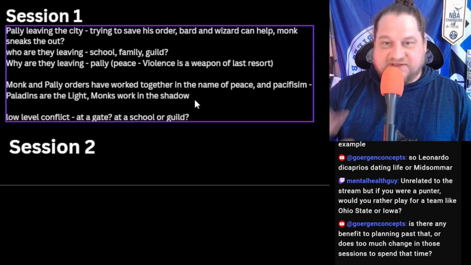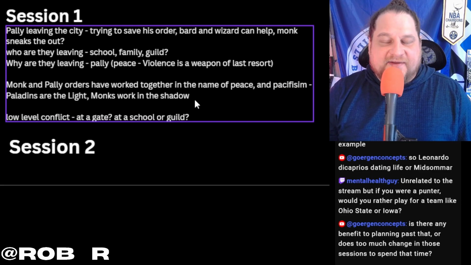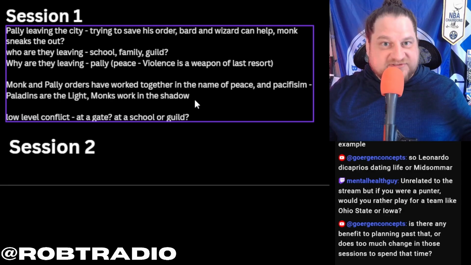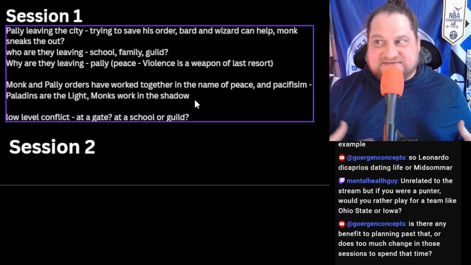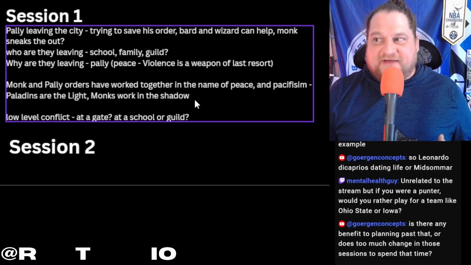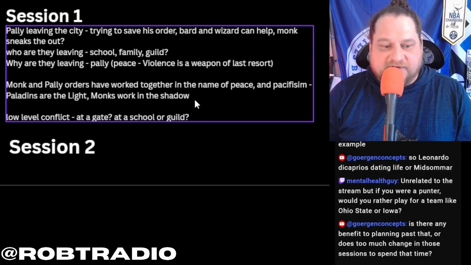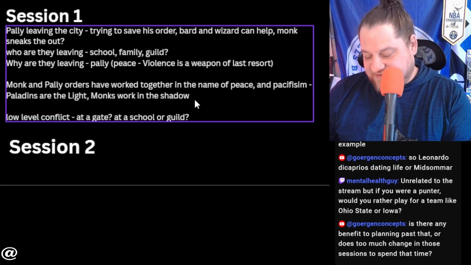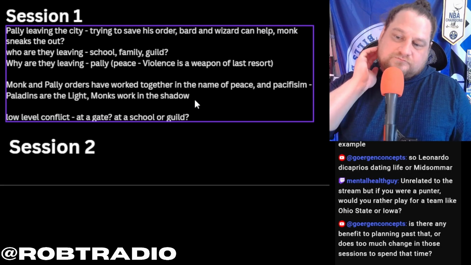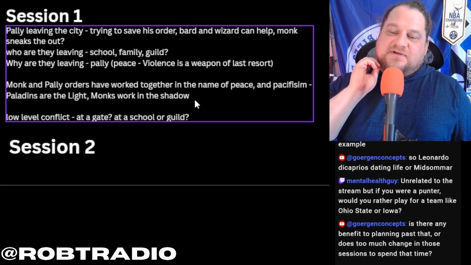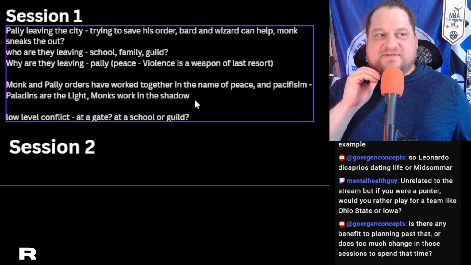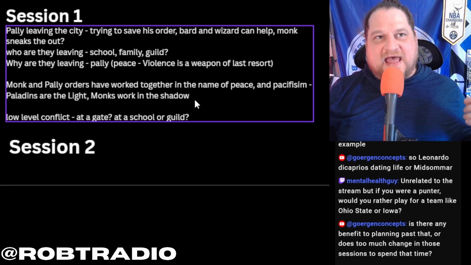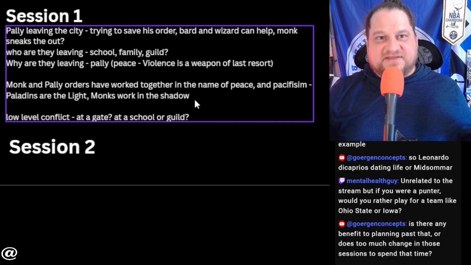Both orders helping each other to get out of the city. And this is just who they happen to find. Maybe they know each other. We would look at their backstories to see if they possibly know each other from this city, right? And so the low-level conflict wouldn't be at the order or at the guild because they have the same belief.